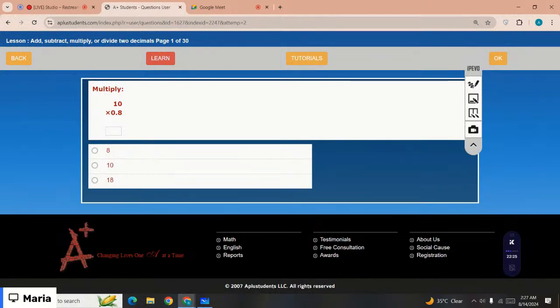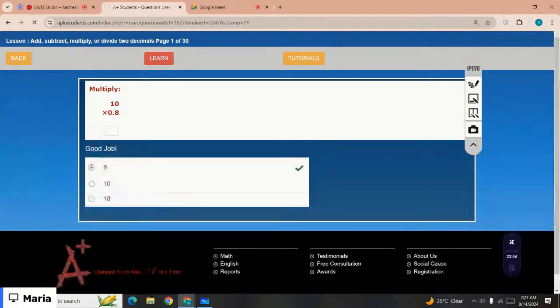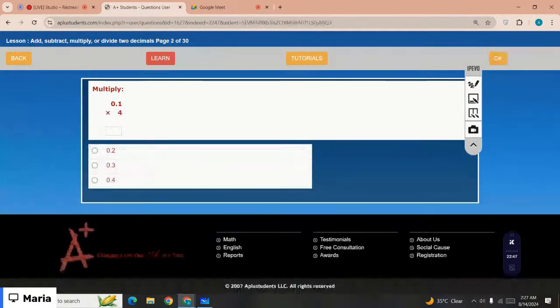Okay, the next one is 10 times 0.8. That is 10 times 8 is 80. You have only one decimal place. So yes, the correct option is 8. The next one is 0.1 times 4.